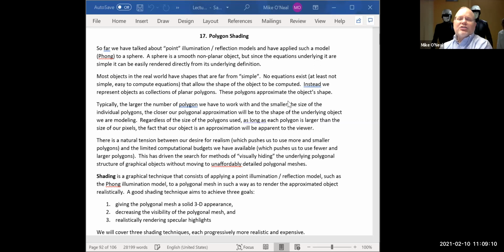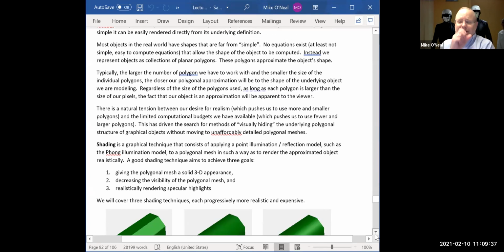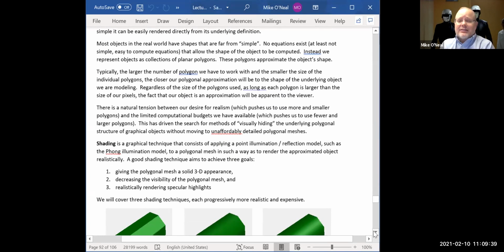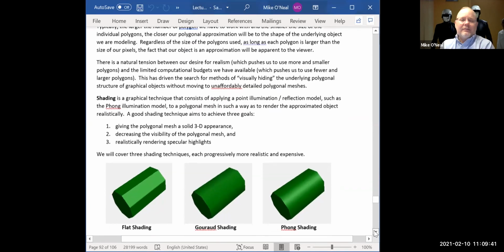So we have these shading algorithms, and the idea is to apply a point illumination reflection model to a polygonal mesh in such a way as to approximate the object, or to render the approximated object realistically. So the easiest way to see this is just to see it, okay?